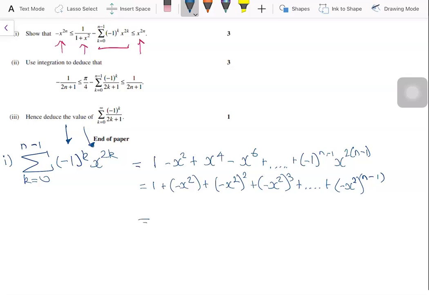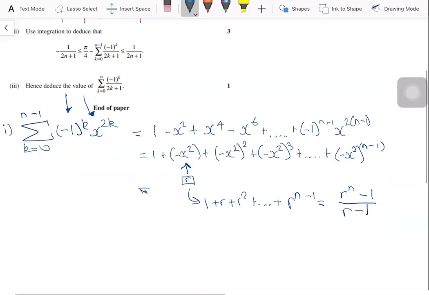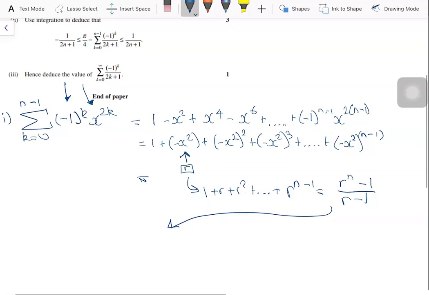So if we make negative x squared equal r, we'll have 1 plus r plus r squared plus dot dot dot plus r to the n minus 1. And using the geometric series formula, we have r to the n minus 1 divided by r minus 1. And by substituting negative x squared into r, we have negative x squared to the n minus 1 over negative x squared minus 1.